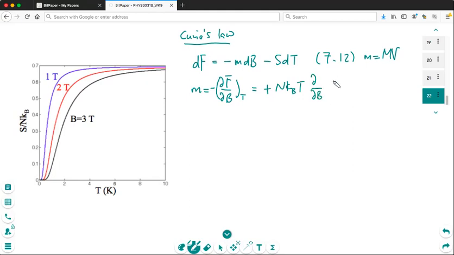And this log, this is from the definition of the partition function. And you get this result. Once you carry out a few steps, obviously, you get N mu_B tanh(mu_B B / k_B T).